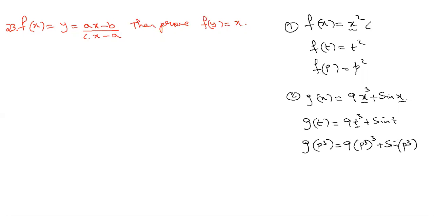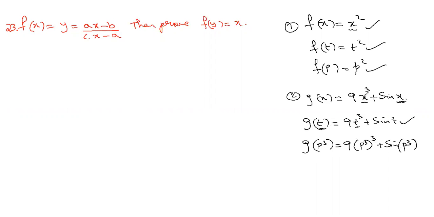See, all these no problems. f of t square, f of p square, g of t, all these cases no problem because x is replaced with a single variable. When it is replaced with a single variable, no problem. But when it is replaced with an expression, suddenly problem comes. When it is replaced with p cube, x should be replaced with p cube. Here also no problem. Sin x will become sin p cube.